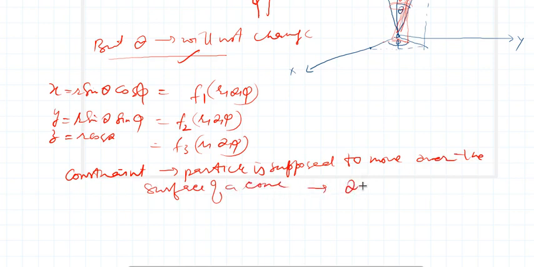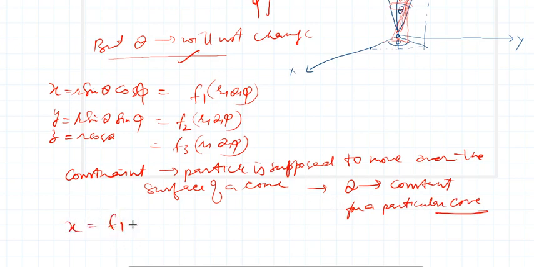That means theta will be constant for a particular cone, not for all cones, but for a particular cone. So theta is constant. It means x is simply a function of r and phi. y is also a function of r and phi, and z is also a function of r and phi.